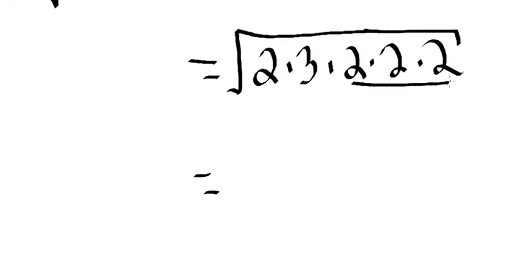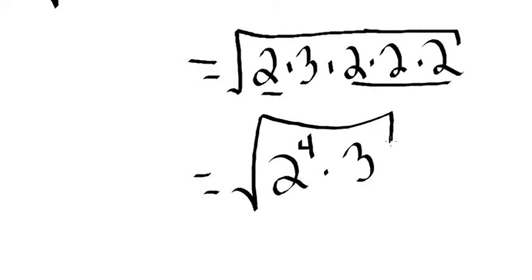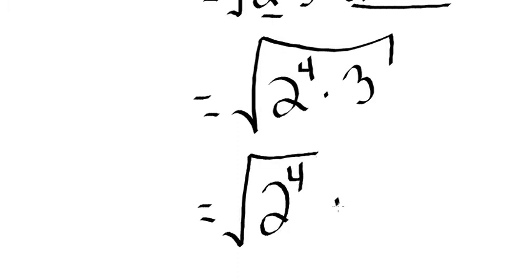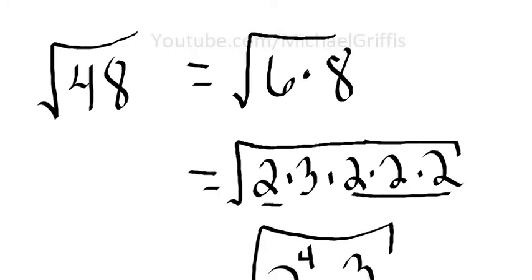Well, that 2 times 2 times 2 times 2 can be written as 2 to the 4th power times 3. Now remember the section simplifying, if we were to rewrite this 2 to the 4th times the square root of 3, where did we start?